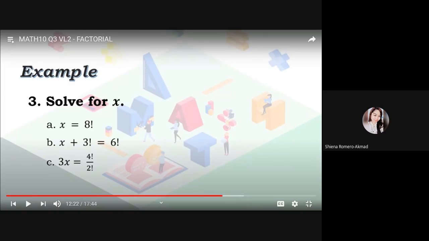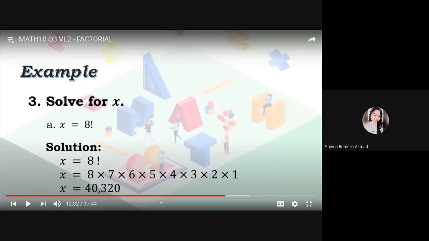Velasco. 714. Rabusa. Ma'am, sa B, 714 din po. About letter C, Rabusa. 4 po. So, let's check.